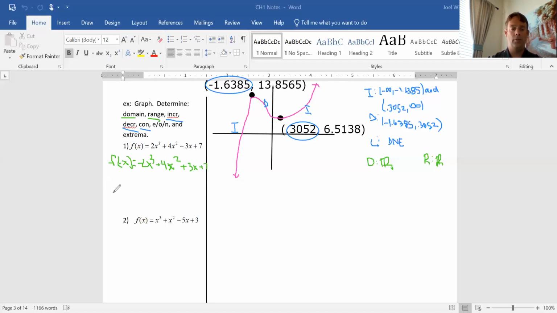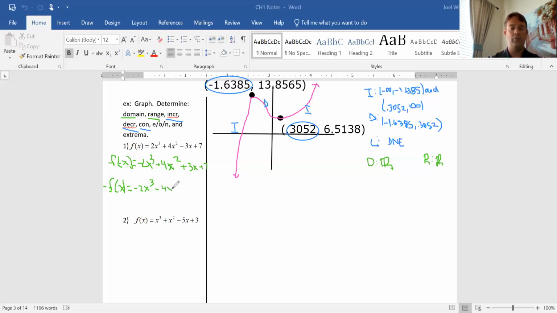And let's go ahead and do the negative f of x now. So this isn't even. I can already tell it's not even. Is it odd? Hopefully you guys know the shortcut here. You should be able to tell just by looking at it, since I have both even and odd exponents, that this is actually neither.